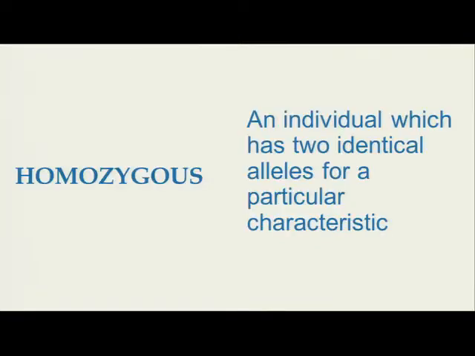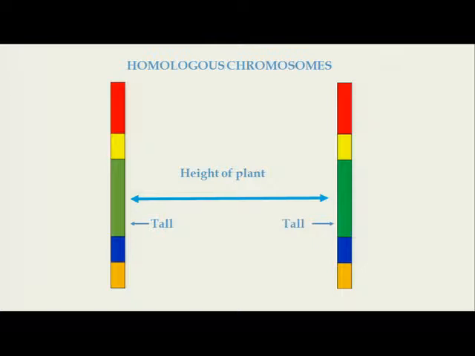In the case of being homozygous, they are identical. They determine the same characteristic, and the outcome in both cases will be tall. Or, as in this example also, the outcome may be short-growing plants or dwarfish plants.